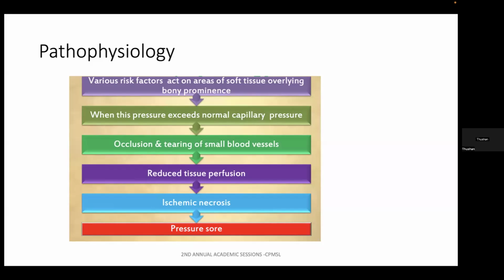If the pressure exerted on that area is higher than the capillary pressure, that's going to cause problems. It leads to reduced tissue perfusion and ultimately ischemic necrosis of tissue, subcutaneous tissue, skin, and that will lead to a pressure sore.